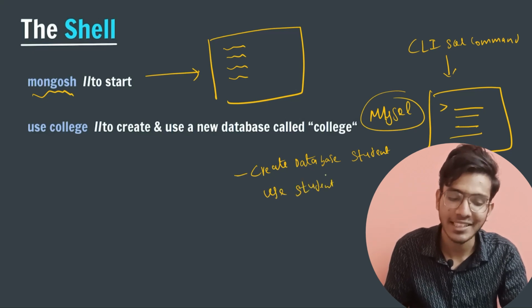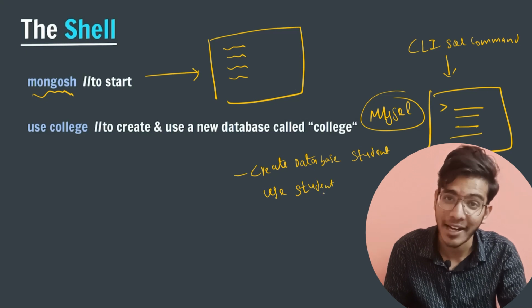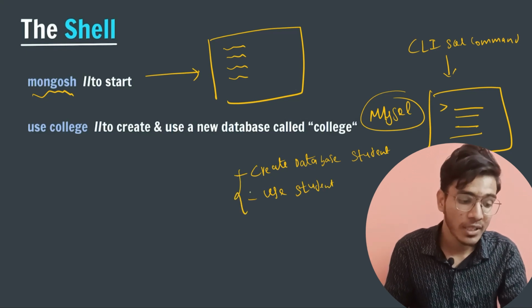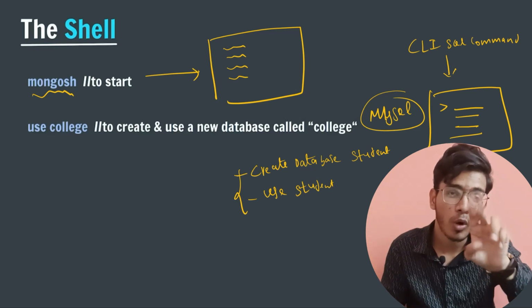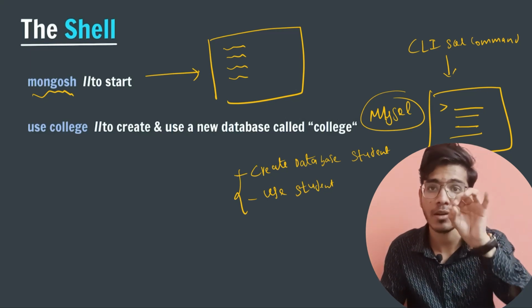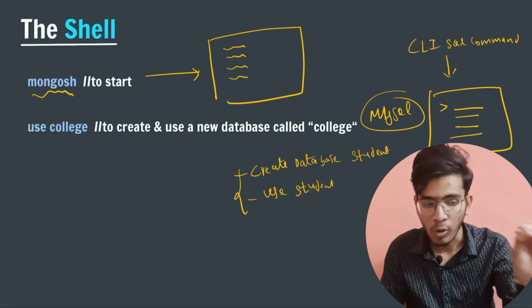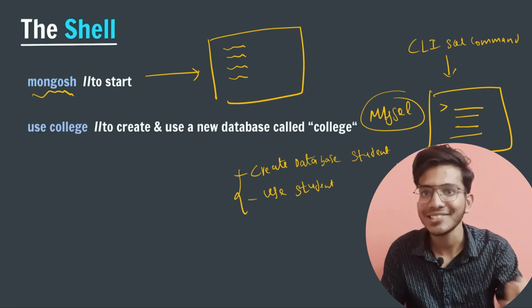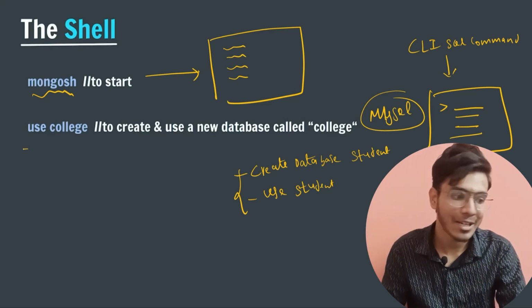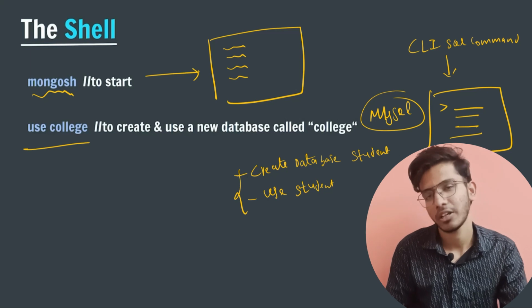By just writing these two commands, we can create and use whatever database we have created in MySQL, right? Now to create and use a database in MongoDB, we have a single command, and that command is use followed by the database name.